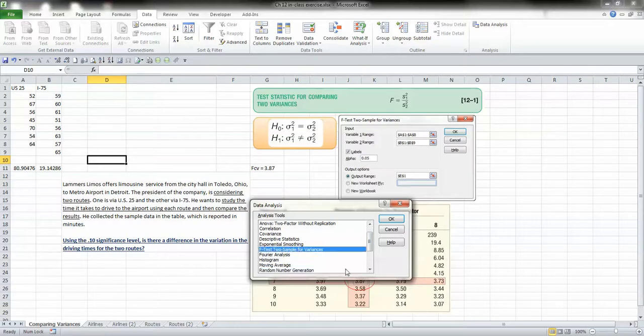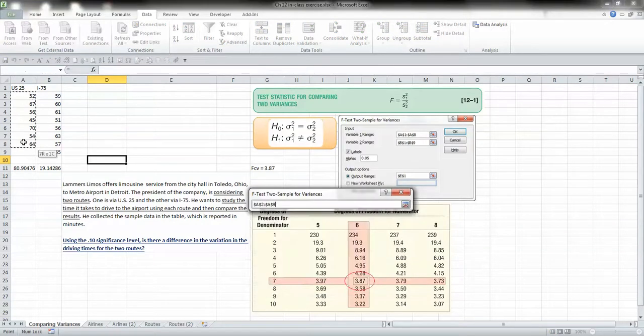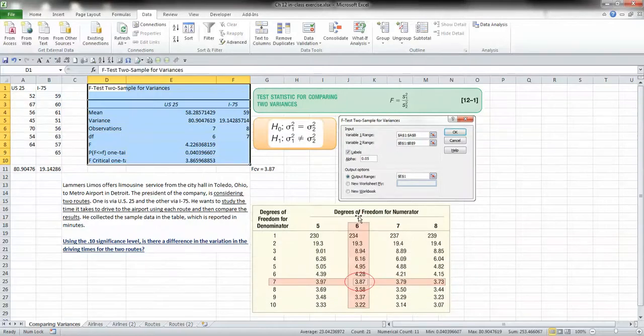Click on the F-test Two-Sample for Variances, and here we can just put in the ranges, and actually let's go ahead and redo this and include the labels. And we can just put that right over here, since it's not a big space taker.